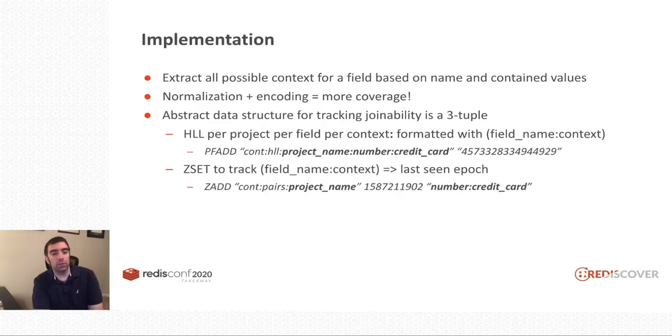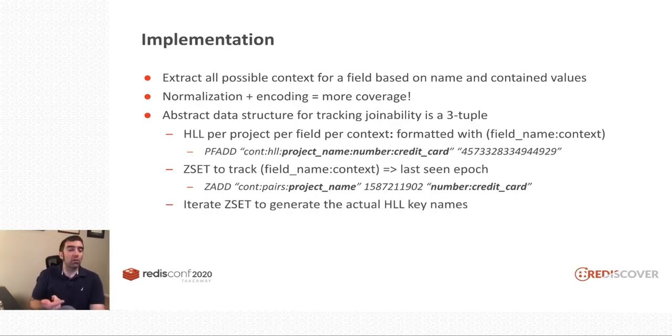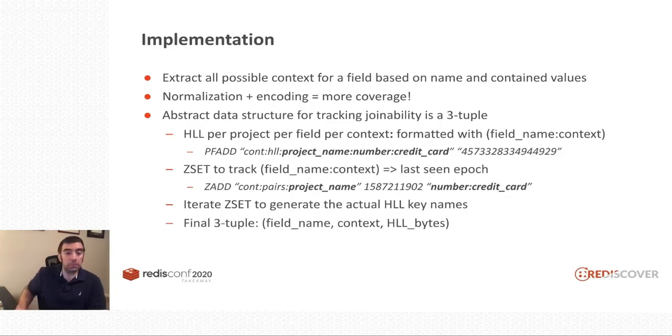So in this case, we can do a z-add to a sorted set data structure where it's prefixed here just to namespace it, and then we can have a sorted set per project, and the values in the sorted set are the names of the field and the context pairs with something like a last seen epoch. And so this makes it pretty straightforward to iterate over the sorted set to generate the actual HyperLogLog key names we'll use to make our computations.